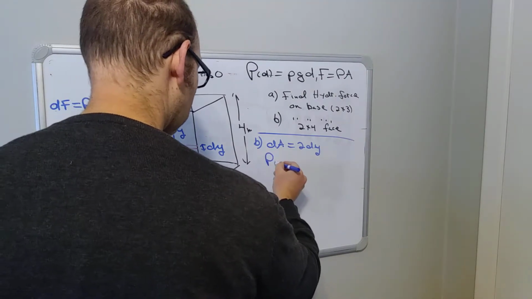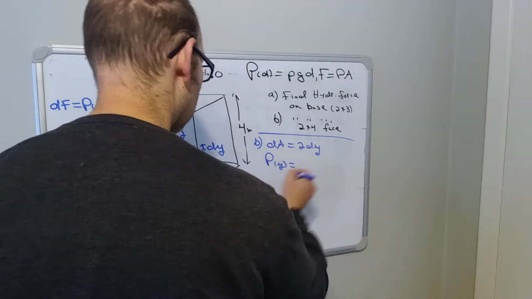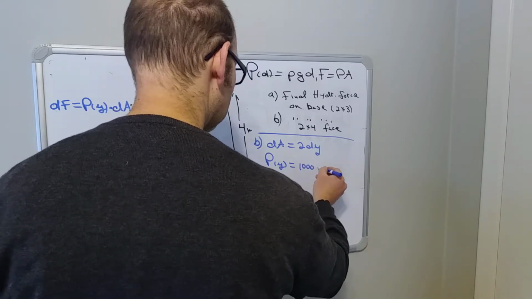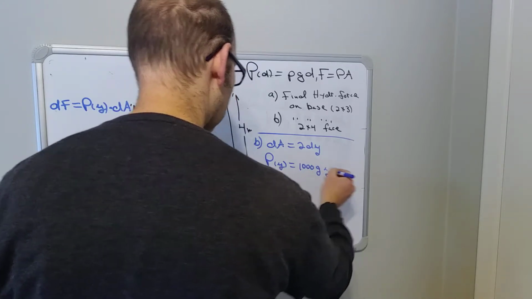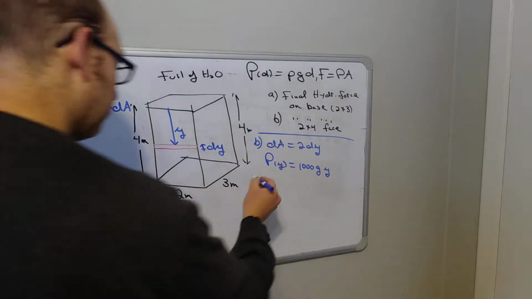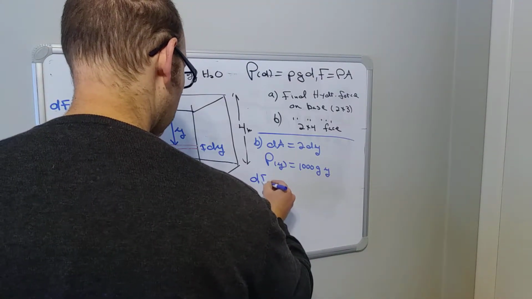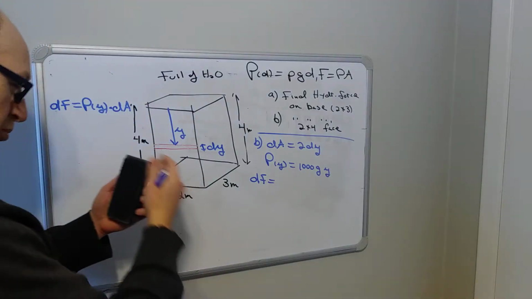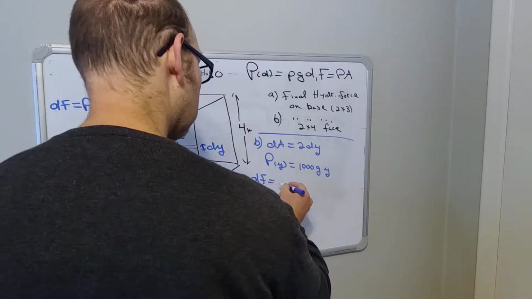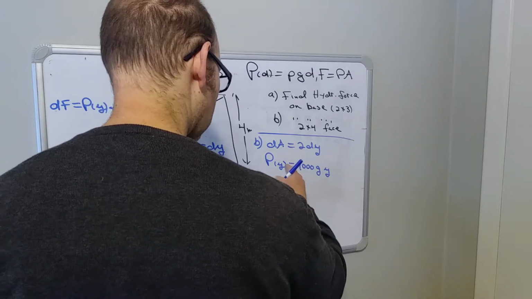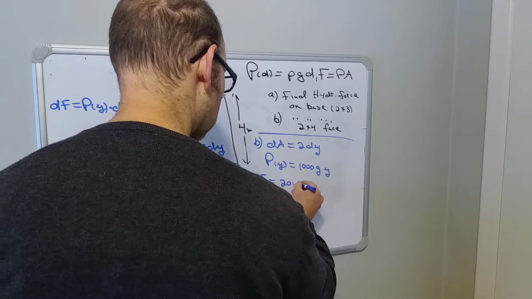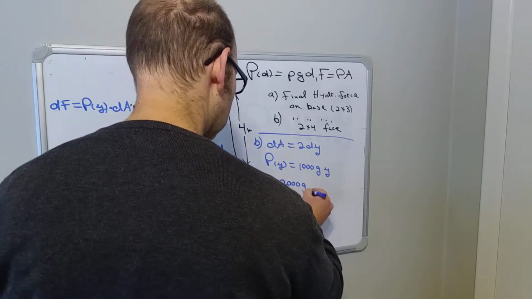So the pressure as a function of y is equal to rho, 1000 g y, times y. So dF, the force due to the water that's pushing out into that little slice of the window, would be the multiplication of these two. So it looks like it's 2000 g dy.